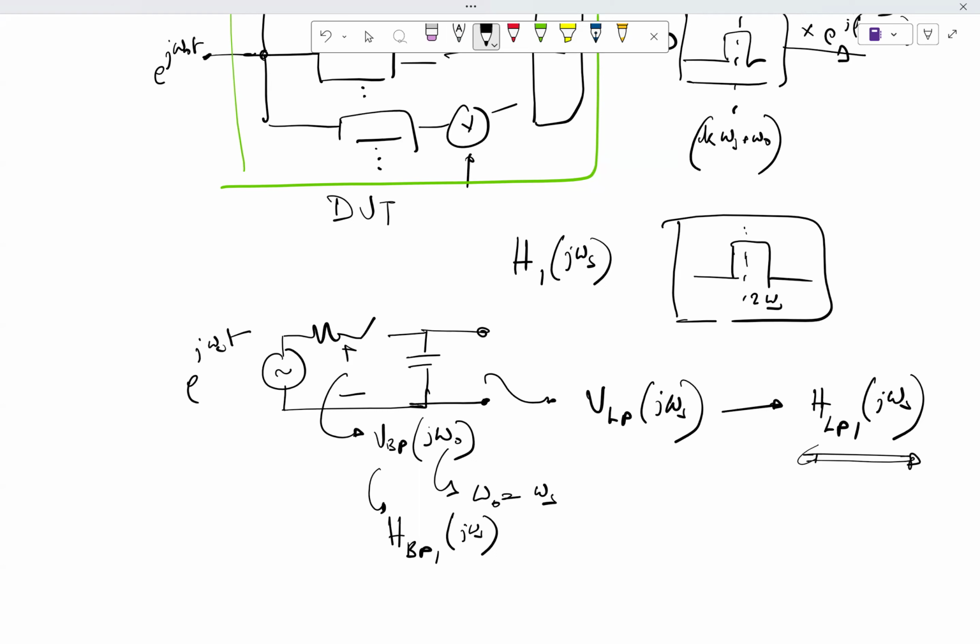Okay, so that is an important distinction. So your HBP1 j omega s, will it be 0? It won't be 0. Everybody understands that? Intuitively, why will it not be 0? I am saying that HLP1 j omega s will be 0.